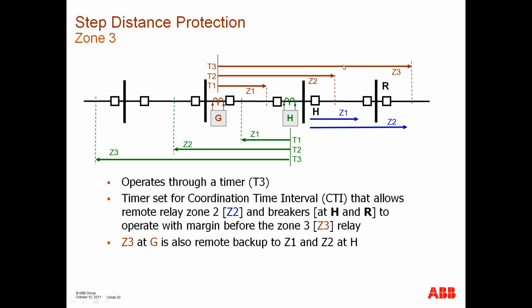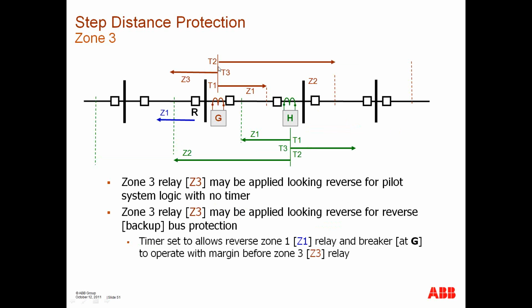So you're getting into some areas where, due to various conditions, some people are not necessarily using Zone 3s. Here's a case where Zone 3 is used in the reverse direction. All right, and this is pretty common for pilot applications, where you want to detect reverse faults and with impedance relays and forward faults.